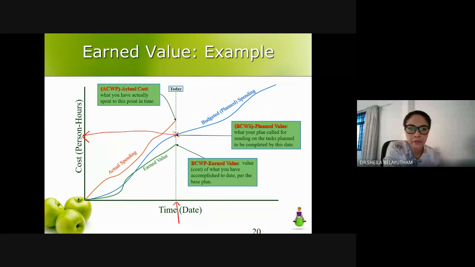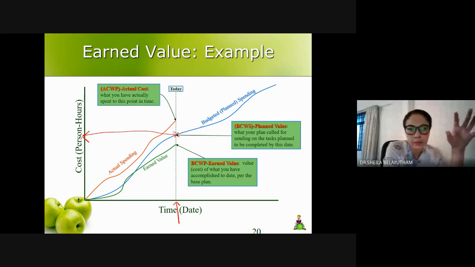Okay, so if you can still recall, I did mention how you came up with this graph. You have to reconsider back in your Gantt chart. So week 1, how much you have spent, week 2, how much you have spent, and that would actually create a new graph, either above or below the plan value, or basically the same.